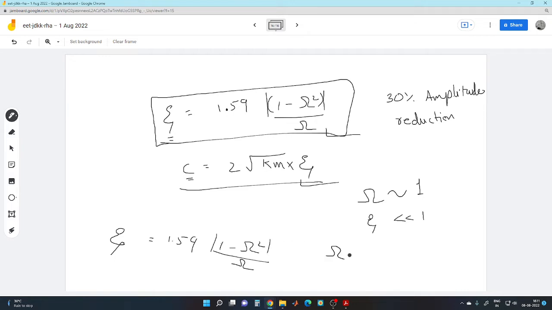So if omega tends to 1, that is, if it is very close to resonance, then this top expression, 1 minus omega square, is very close to 0.